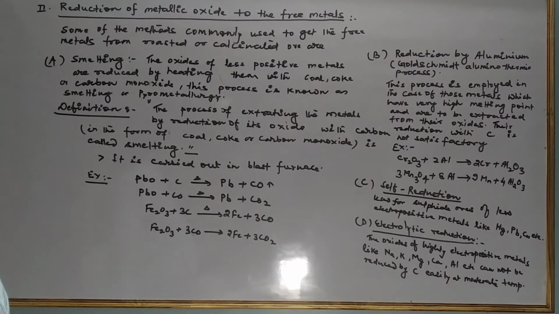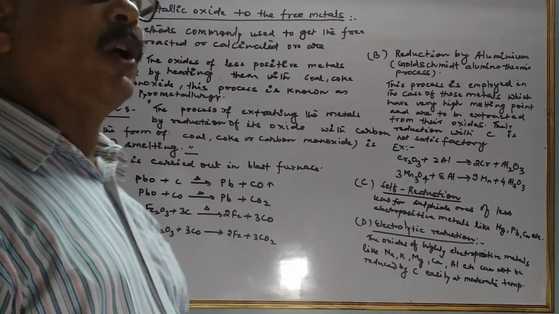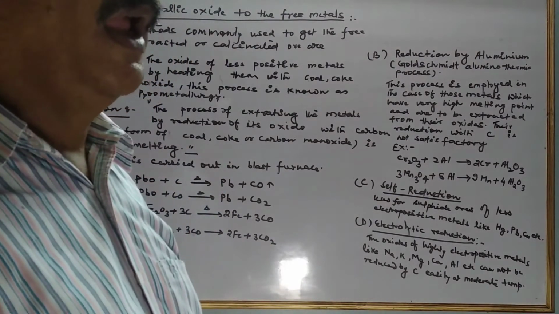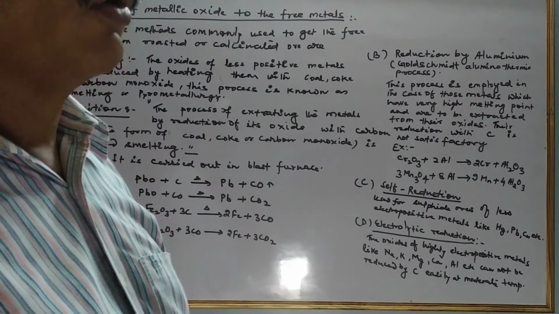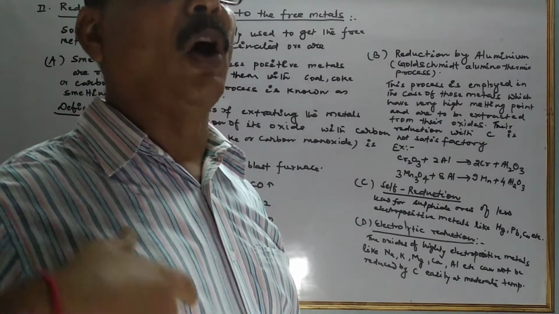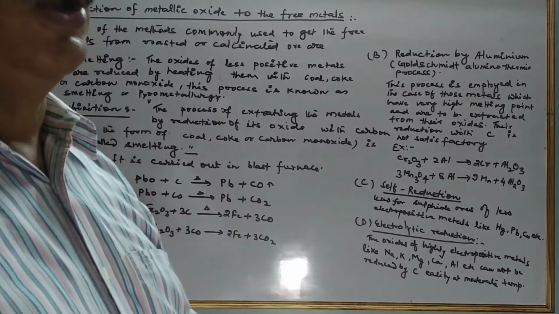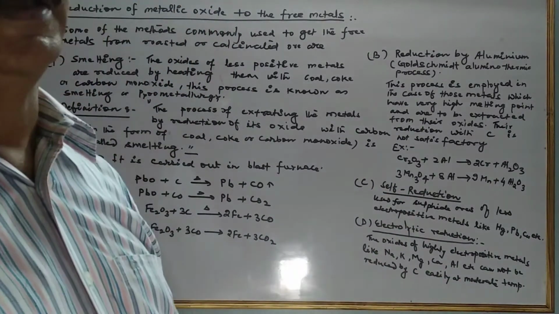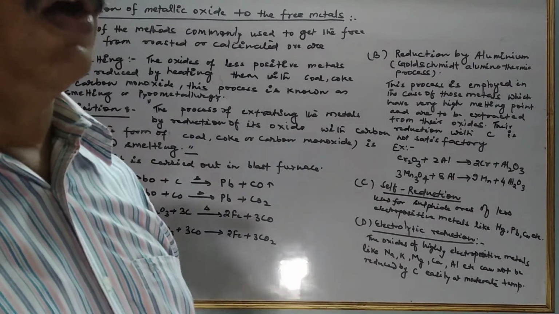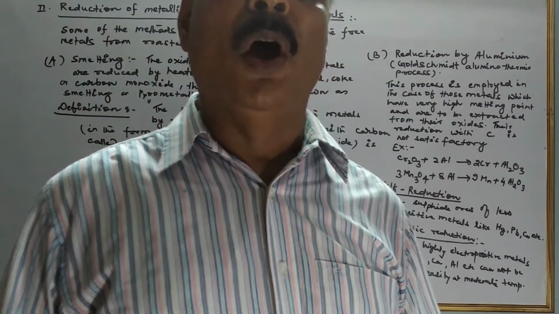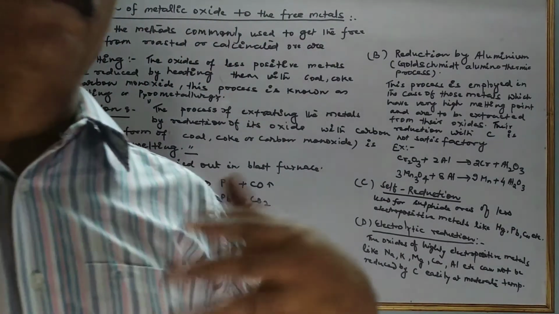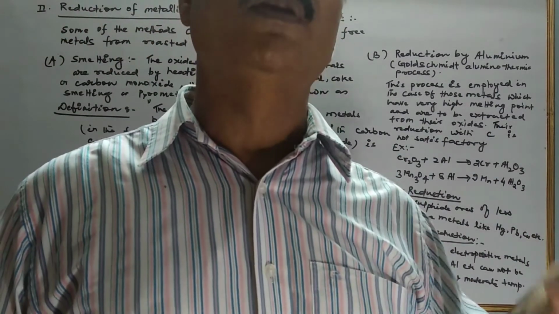Pyrometallurgy means reduction of oxide on heating with carbon and suitable reagents like carbon monoxide or aluminium. These all come from reduction on heating. Conversion of oxide into crude metal on heating is known as pyrometallurgy. Pyro means heat.